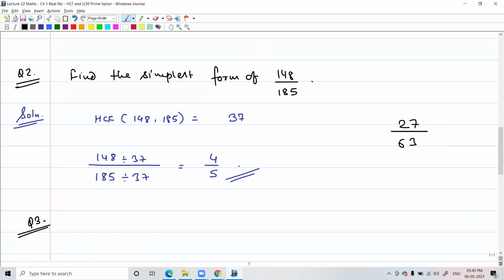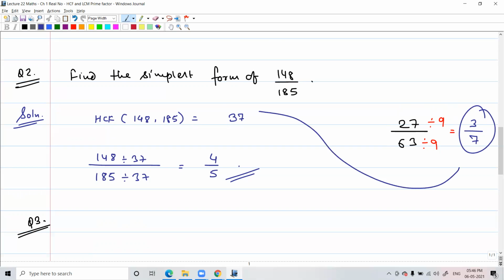So what we do is divide 27 by 9 and 63 by 9 also. And what do we get as an answer? 9 threes are 27, so we get 3. And 9 sevens are 63, so we get 3 by 7. Is that clear? So by dividing by the highest common factor, we bring it to the simplest form.